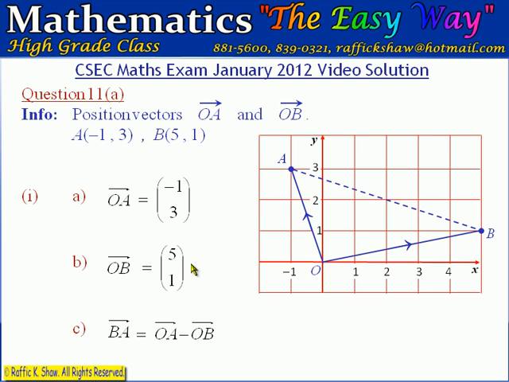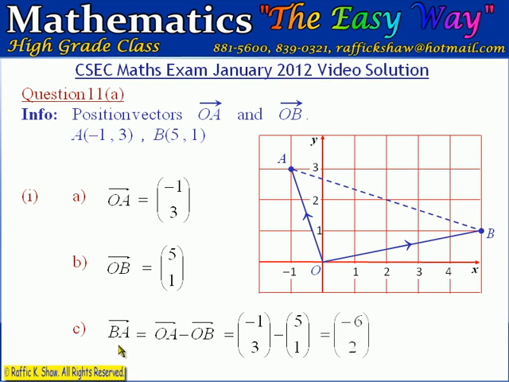So we can use these to calculate the vector BA, and this is it. Vector BA is the column matrix for OA, that's -1, 3 from here, minus the column matrix for OB, that's 5, 1. When we do that calculation, we see -1 minus 5 is -6, and 3 minus 1 is 2.